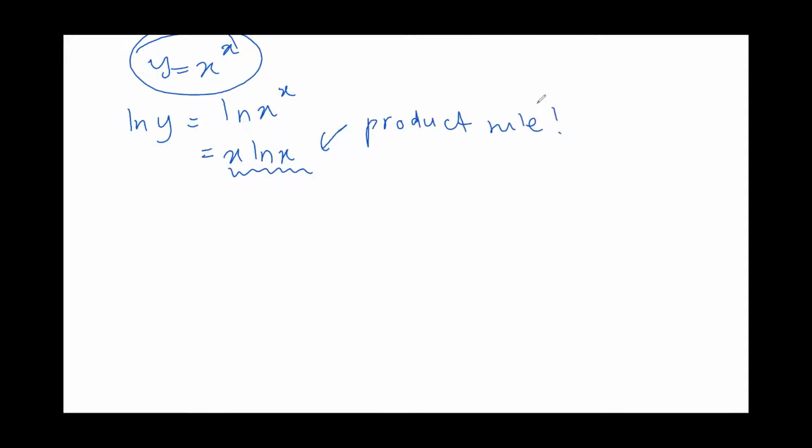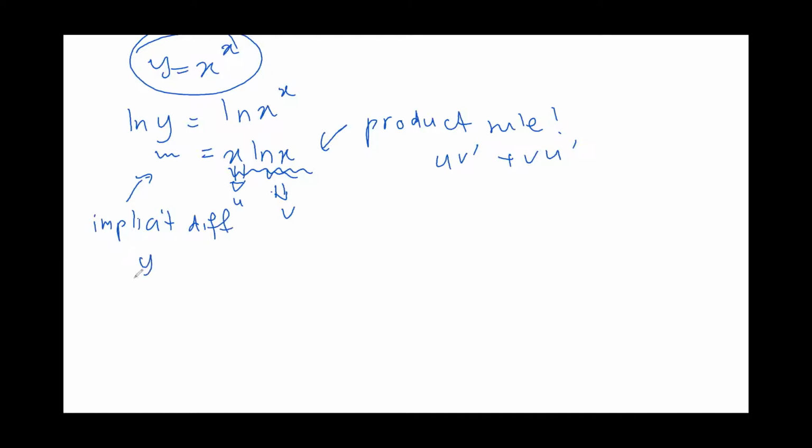Remember the product rule: uv prime plus vu prime. You take this as your u and this as your v, and you complete it using implicit differentiation because you have y here. I write it here so that students will understand better.